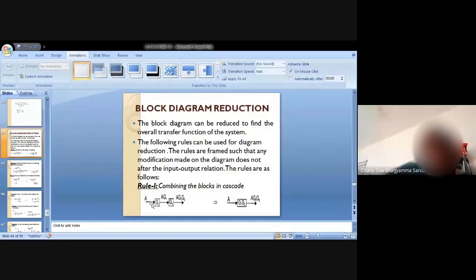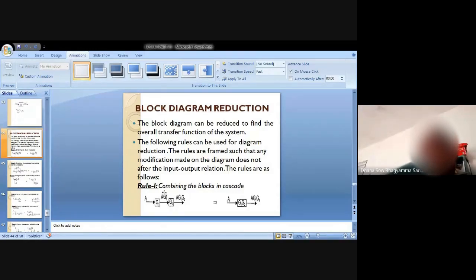When input A is given to block G1, the output will be the product of the input and the transfer function value. So what will be my output? A into G1 will be the output of this block, where G1 is the transfer function of this block.